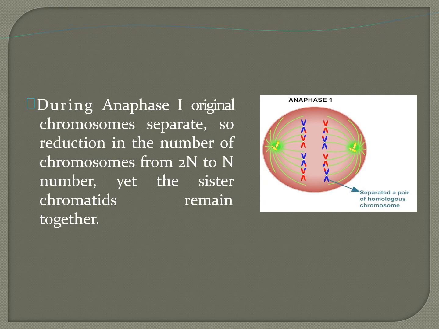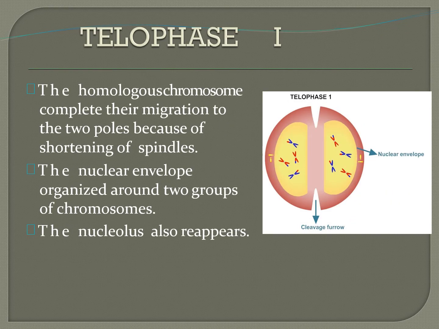Yet, the sister chromatids remain together. When the spindle fibers have fully contracted, each pole has a complete haploid set of chromosomes consisting of one member of each homologous pair. At the completion of anaphase first, the cell enters into the telophase first.